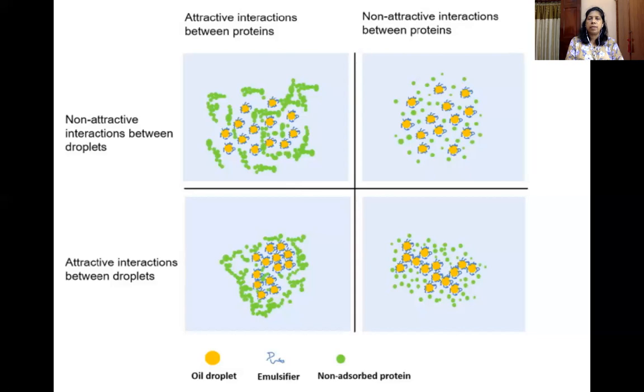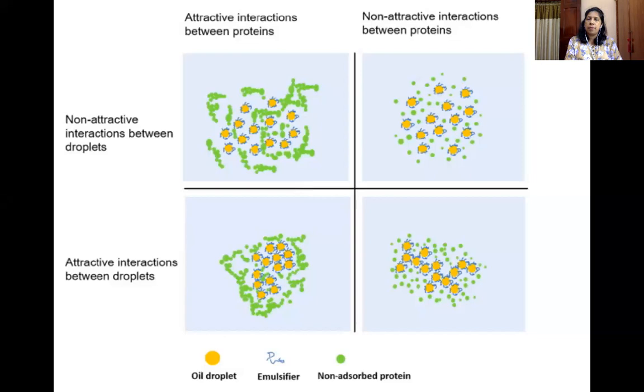Now compare with the top left one. Here the other proteins are surrounding, and the oil droplets and the emulsifiers are getting together. The other one is non-attractive interaction between proteins as well as attractive interaction between proteins, and the bottom right one looks different.